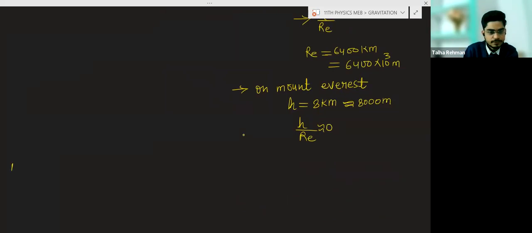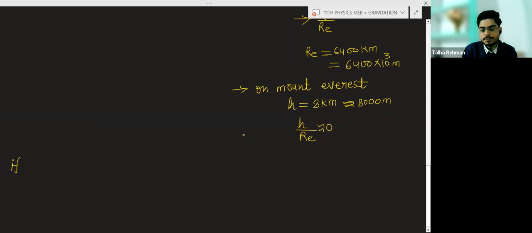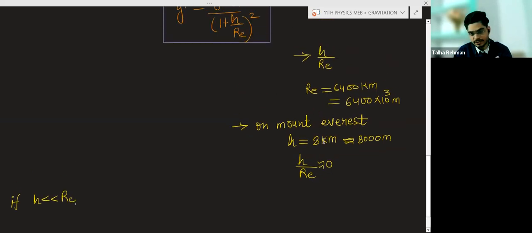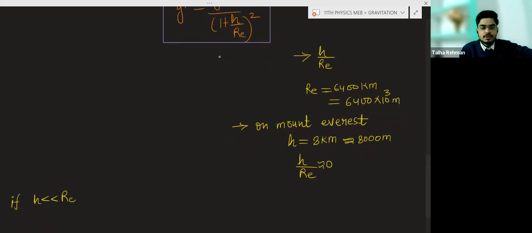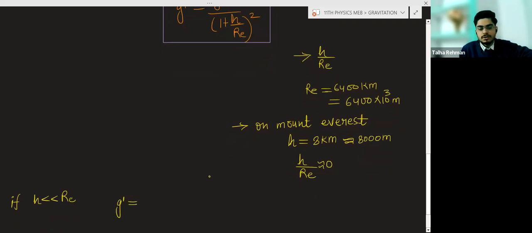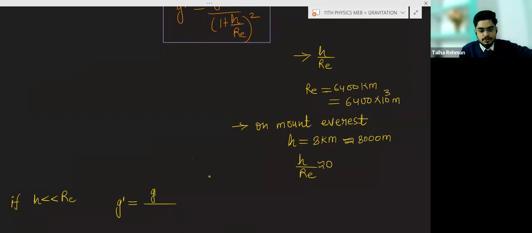For example, suppose this H is very much less than RE, as you have seen in this case. So this is G dash now: G divided by 1 plus H divided by RE, whole squared.